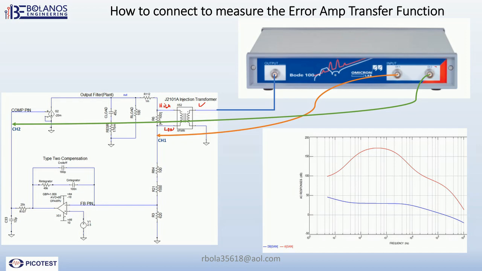And channel 2 right there, we're going to connect it to, again, the COMP pin of the PWM. Channel 2 goes there, and then channel 1 will go to the low side of the injection resistor. So it would go there, and once you have it connected, then you should be able to get a waveform that looks very similar to this. Here you can see the 0. Here you can see the pole.